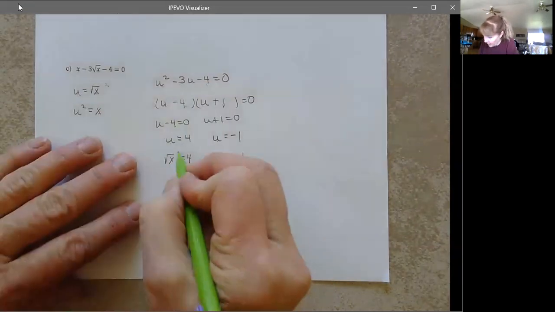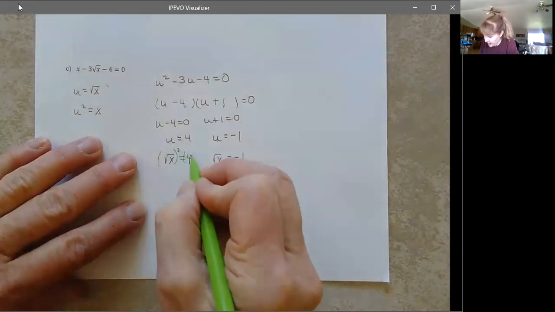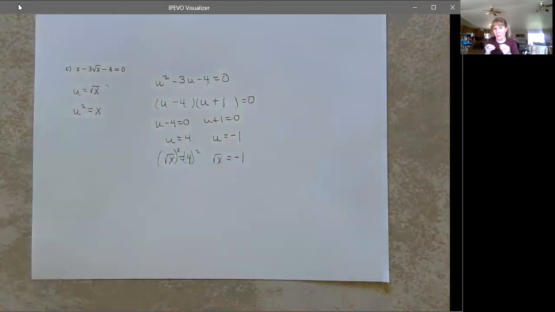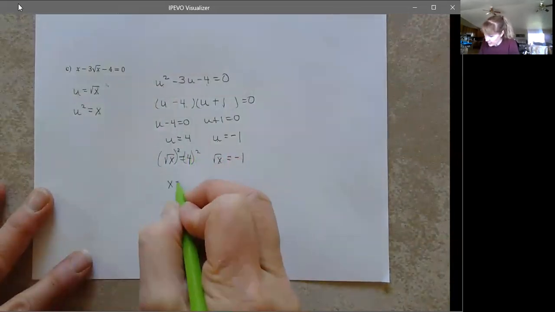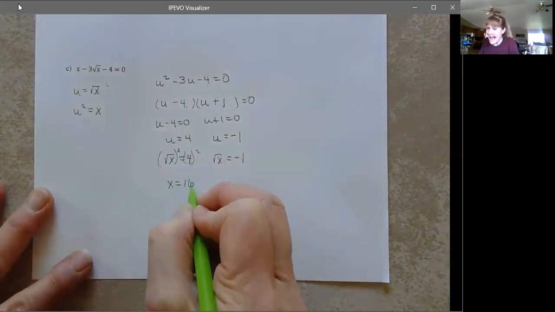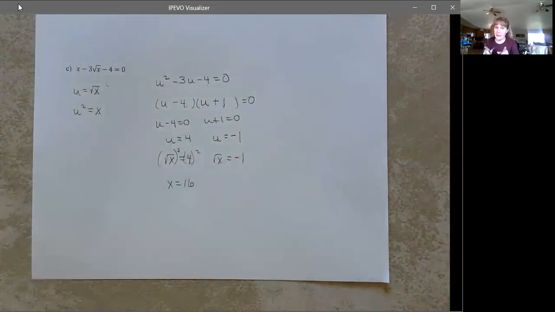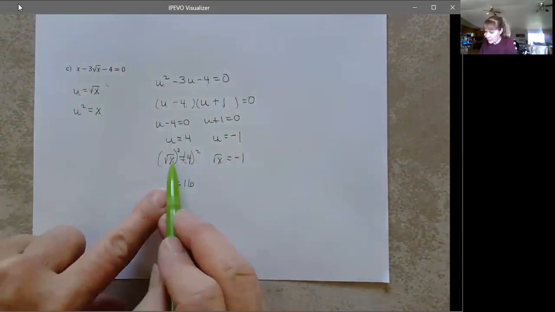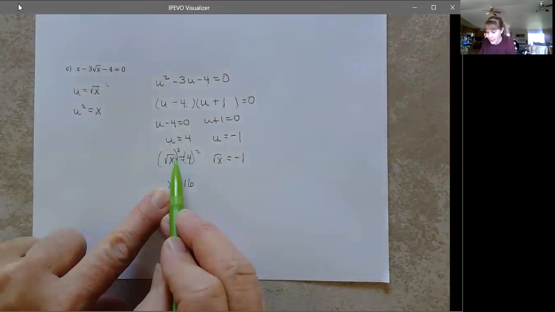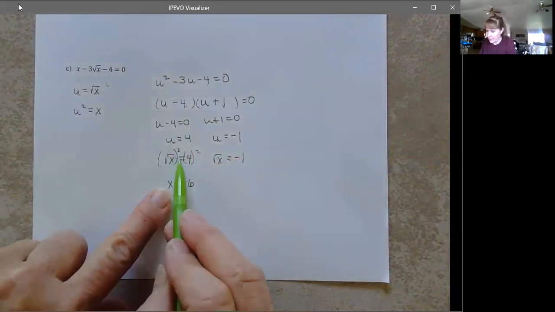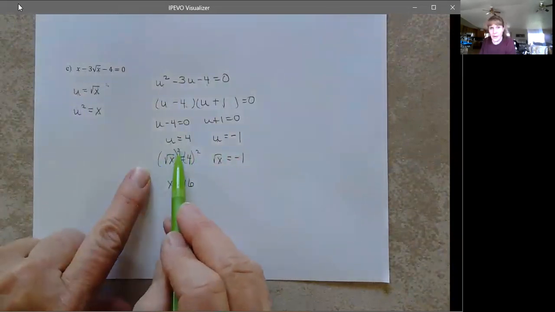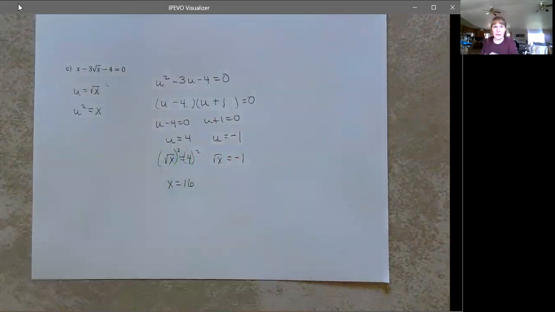But we'll go ahead and square both sides because the square root is already isolated. So we end up with x equaling 16. It's not plus or minus 16. You only have the plus or minus when your original is a square and you're taking the square root to get rid of it. This is a square root and we're squaring. You just have the 16.